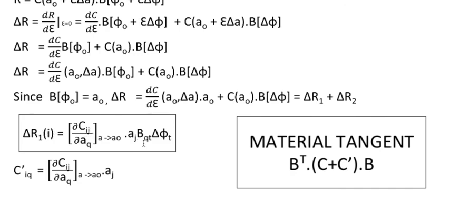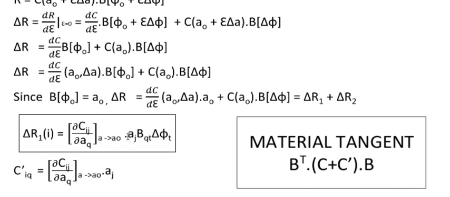You can see that it is expressed in terms of I as a free index, and here J is the repeated index, Q is the repeated index, and T is the repeated index, and A is to be substituted as A naught because this whole thing is A naught.